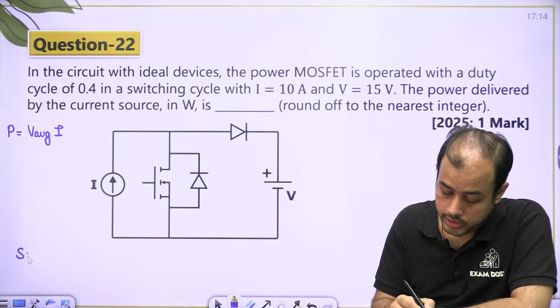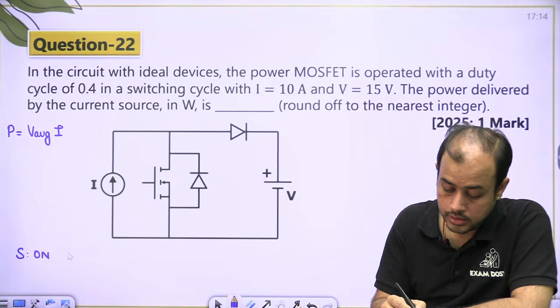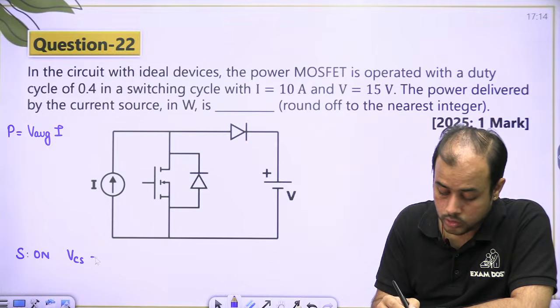तो देखिए, when switch is on, voltage of current source will be 0.